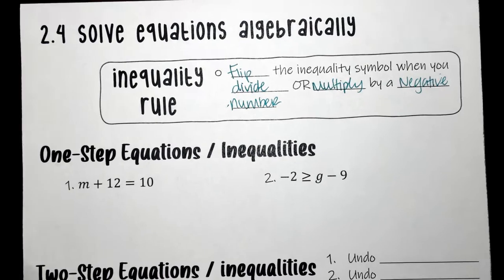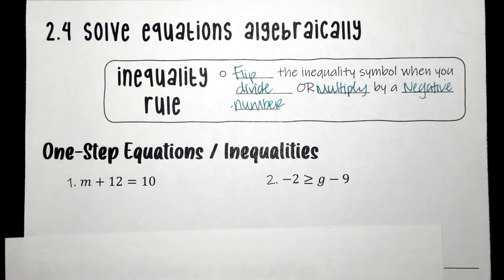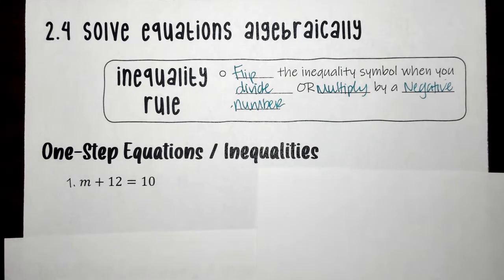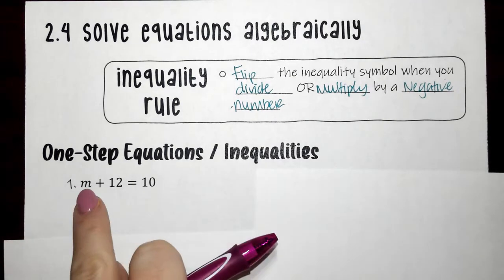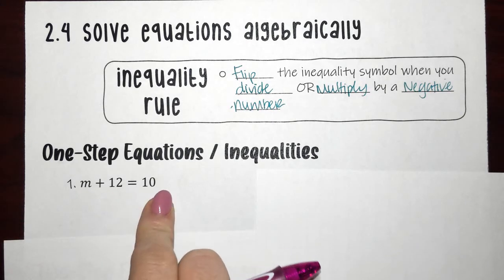Alright, let's look at some simple one-step equations and inequalities. So one step means there's literally one thing to do to solve for our variable. So remember, that's what I'm wanting to do. I want to know what is m if we have added 12 to it and it equals 10.